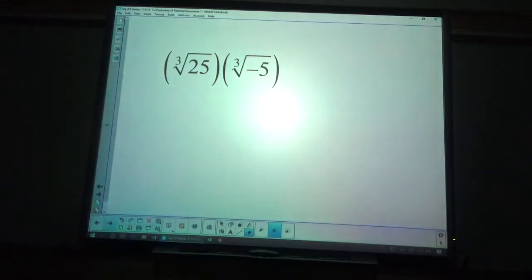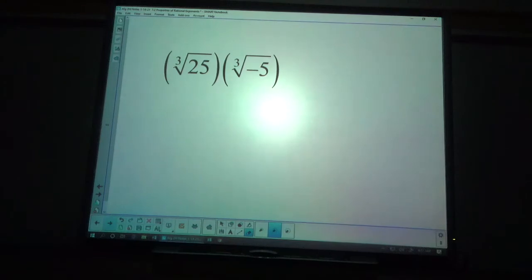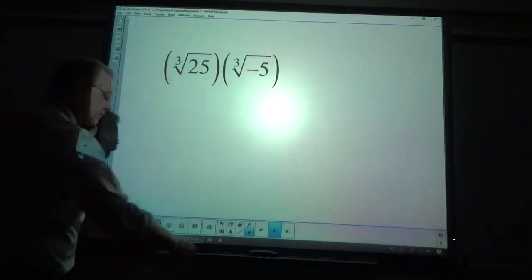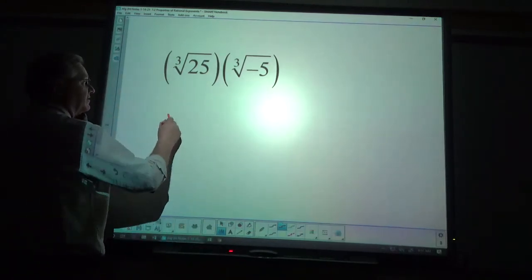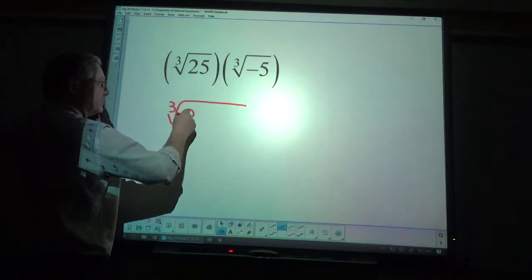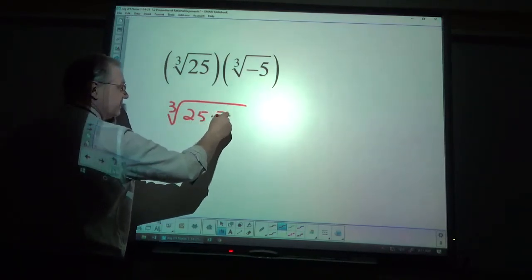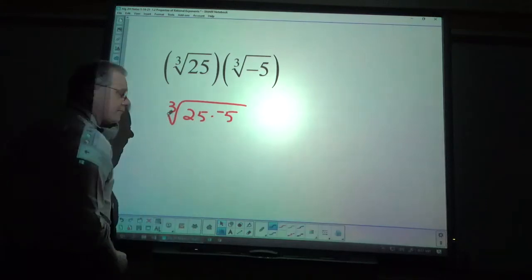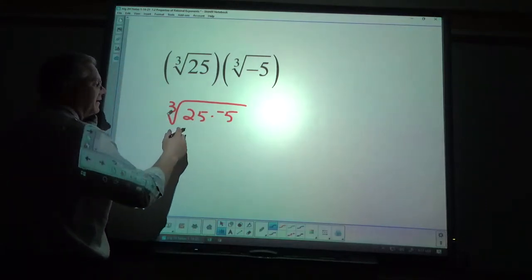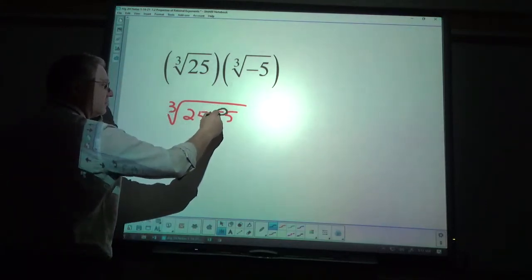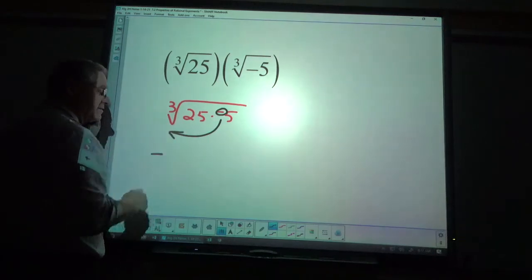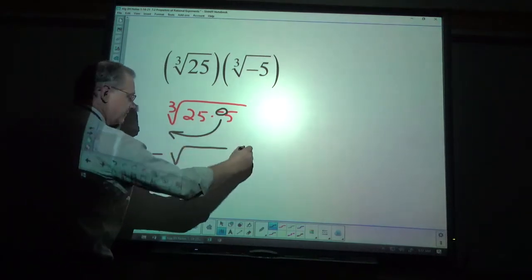All right, here's our first example. We have cube root of 25 times cube root of negative 5. This is the same as the cube root of 25 times negative 5. Now, the negative, we know, can come out as a negative on the outside.